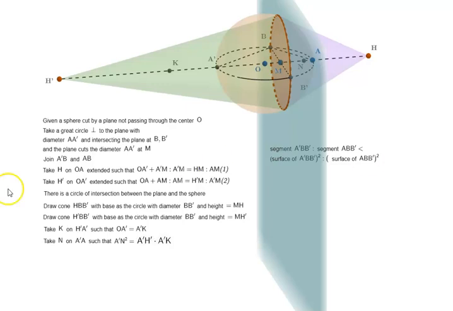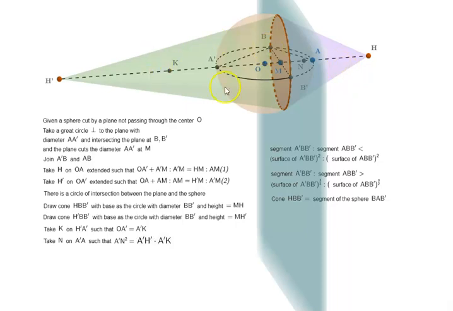This is what we have to prove. The segment A'BB' is to segment ABB' is greater than the surface of A'BB' to the power of 3 by 2 is to the surface of ABB' to the power of 3 by 2. Again, this is the second part that we have to prove.